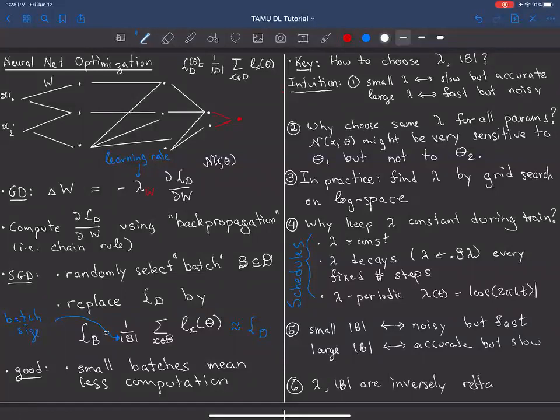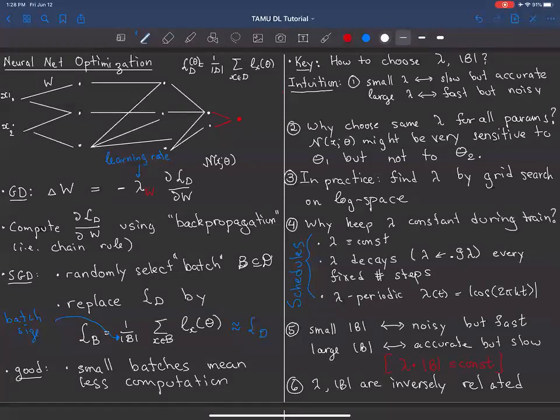Increasing batch size has the same effect, at least to a large extent, as decreasing the learning rate. So in practice, what people will often do is think about the product of them as being held constant.